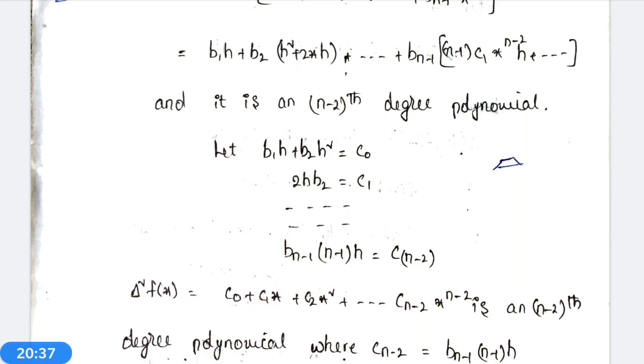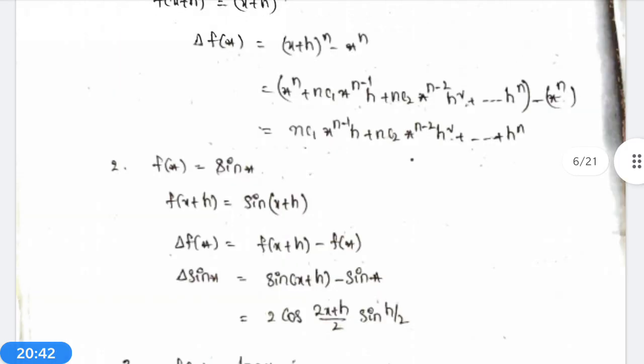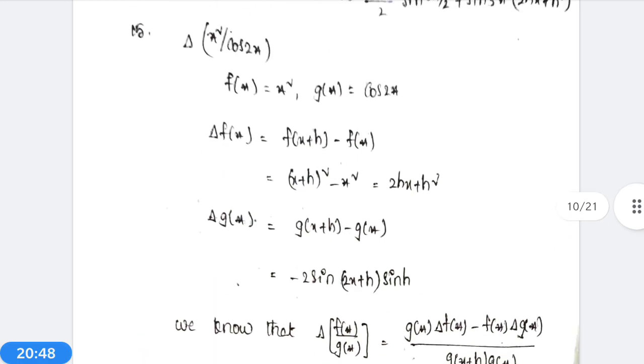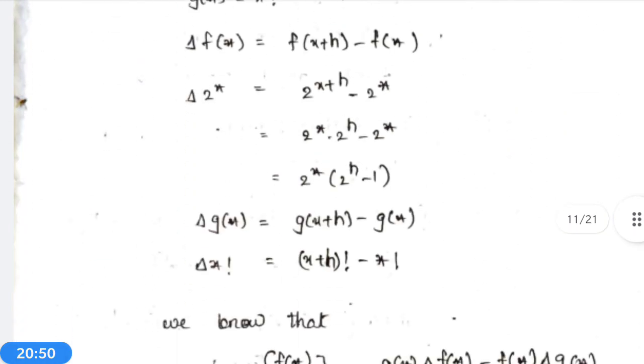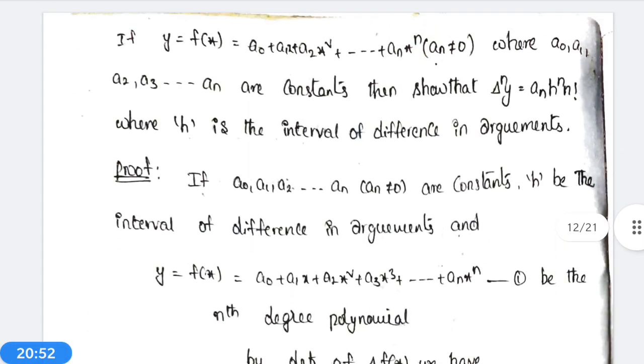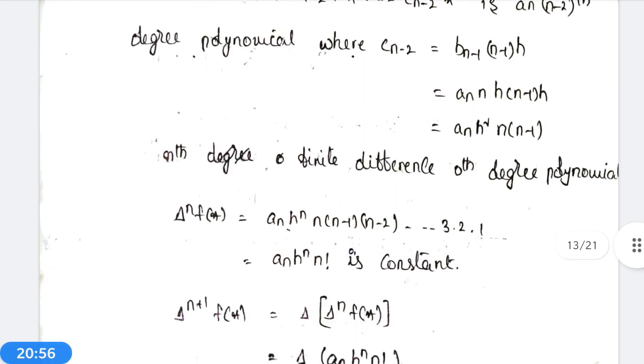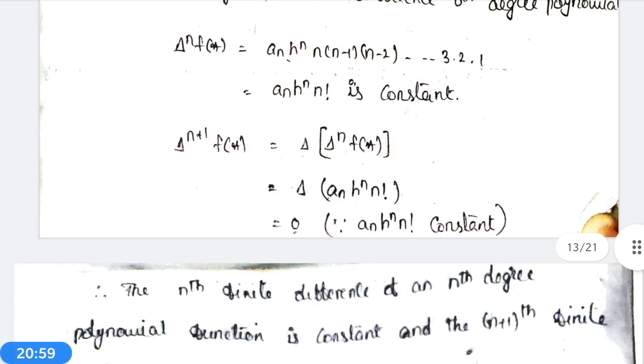Now, this is the theorem. Now, delta power n fx is equal to an into n factorial h power n is equal to, say, constant k.